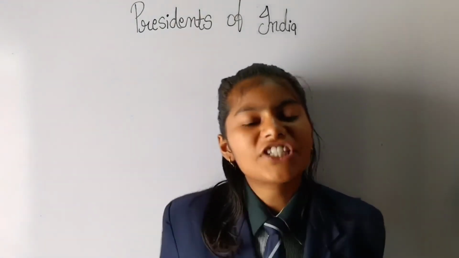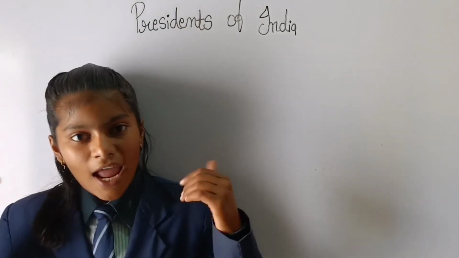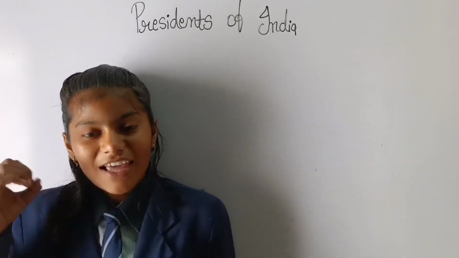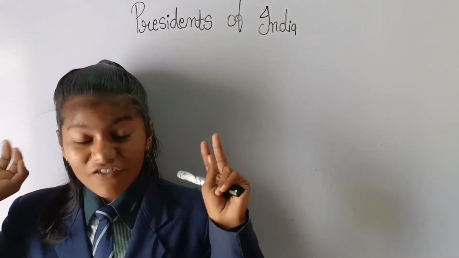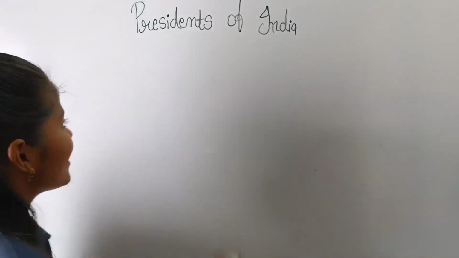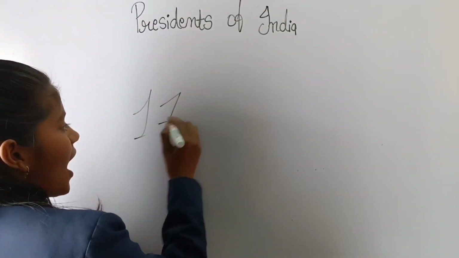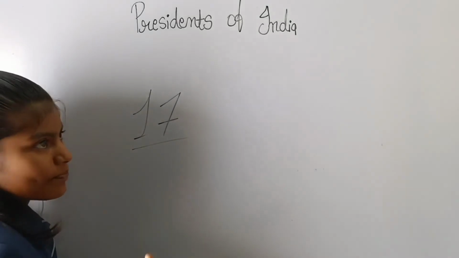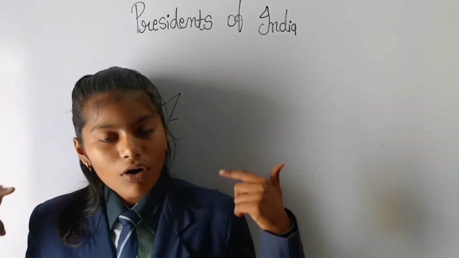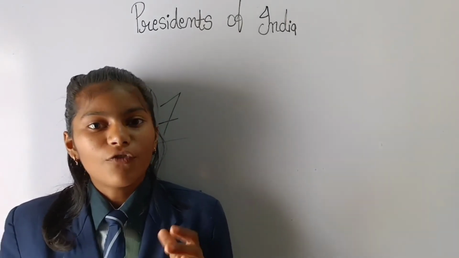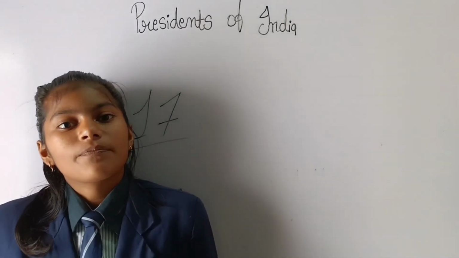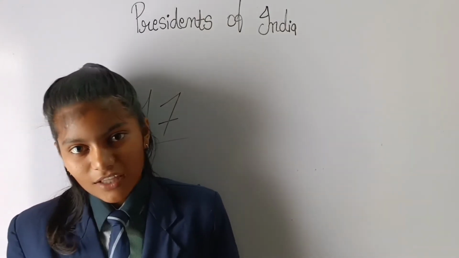Now, which presidents have there been in our country? Now let's revise all of these. There have been 17 presidents in our country, and I will tell you all of these names. As we know, the first president was Dr. Rajendra Prasad. Second was Dr. Sarvapalli Radhakrishnan.